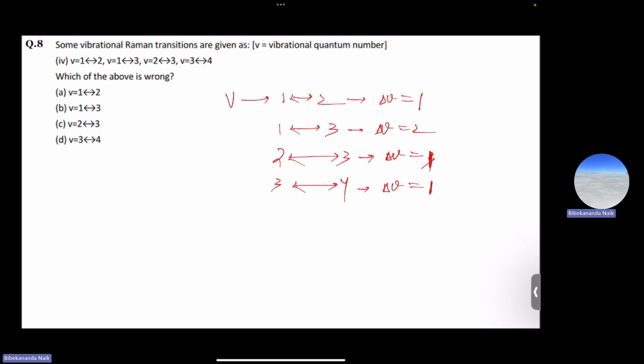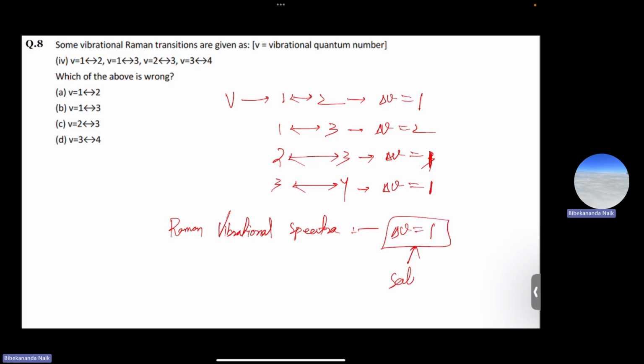So if you remember the selection rules of vibrational Raman spectra, for Raman vibrational spectra, delta V is 1.